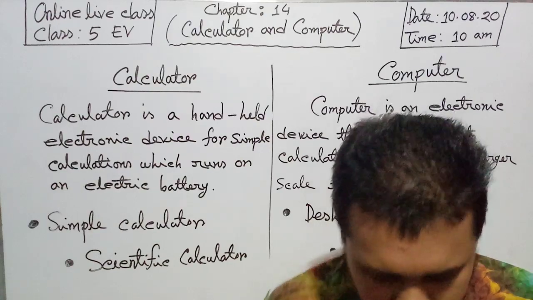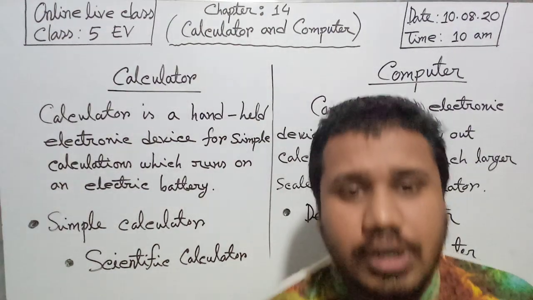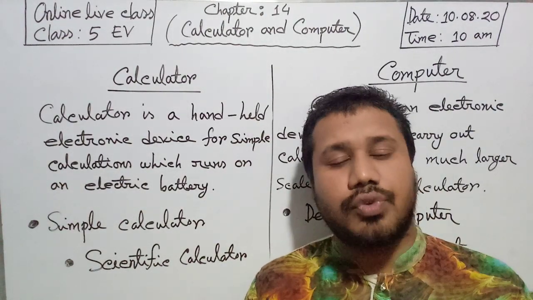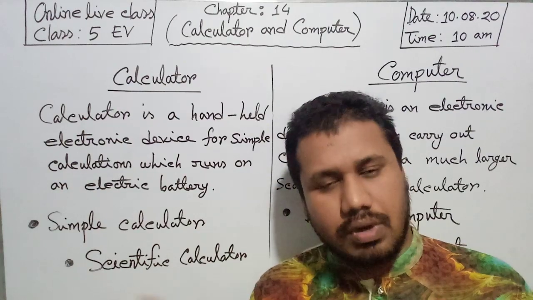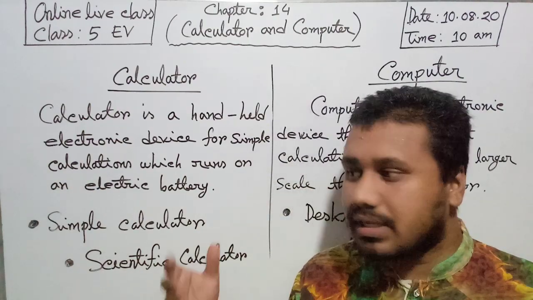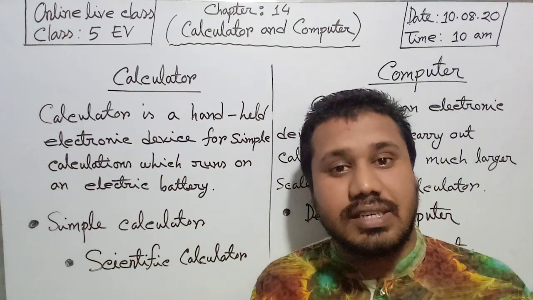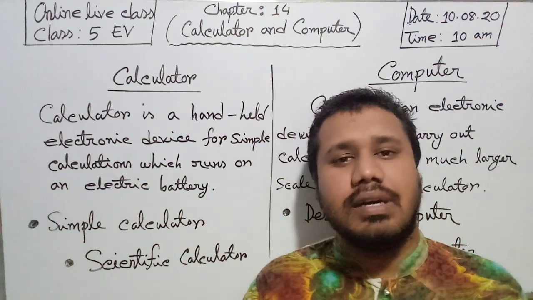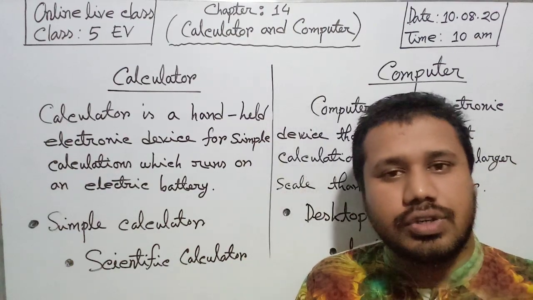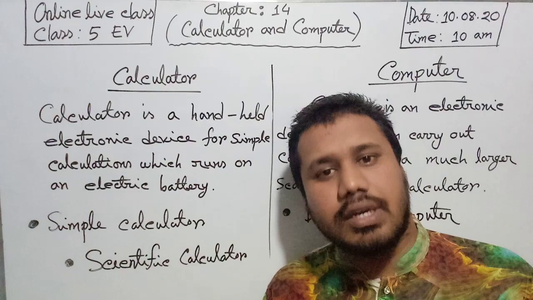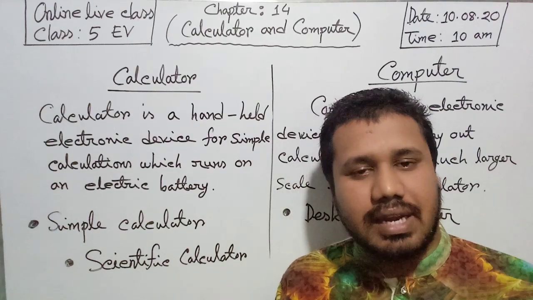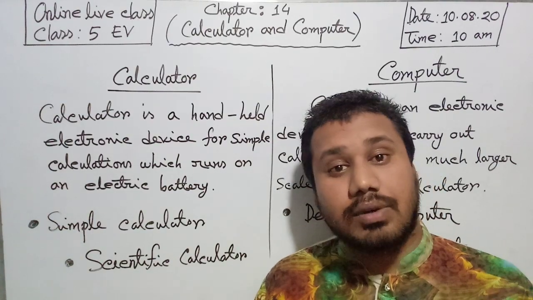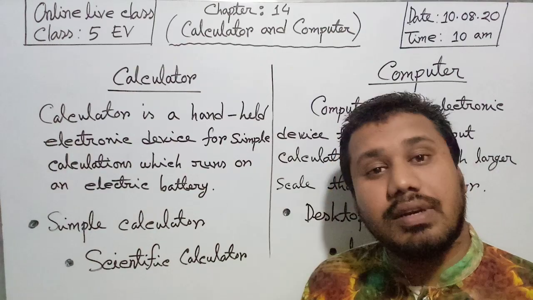In a simple calculator you will get 24 to 28 buttons, or sometimes more buttons.